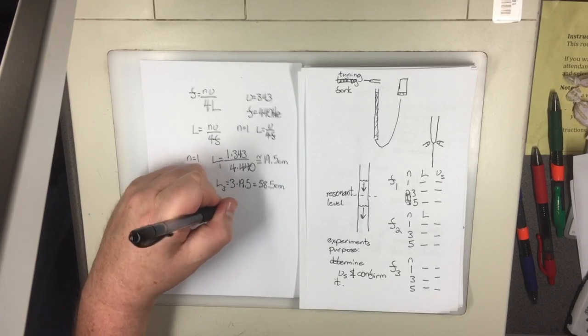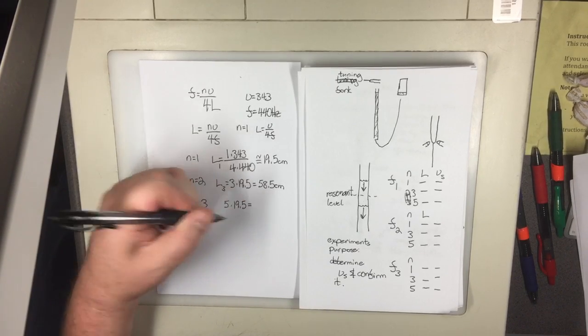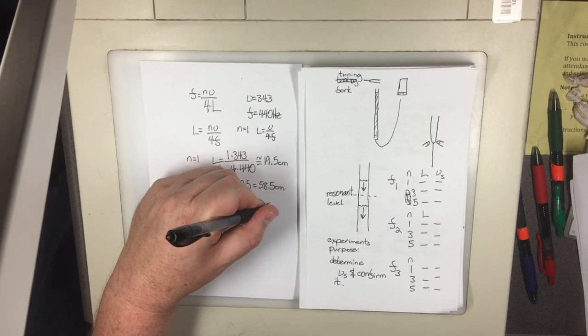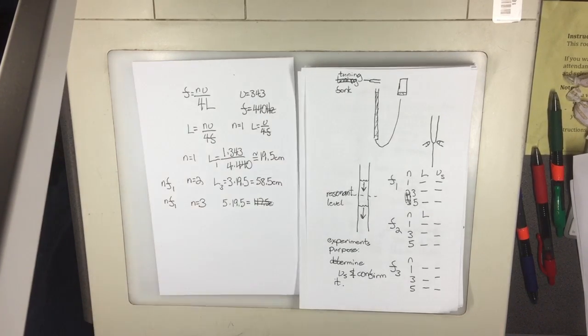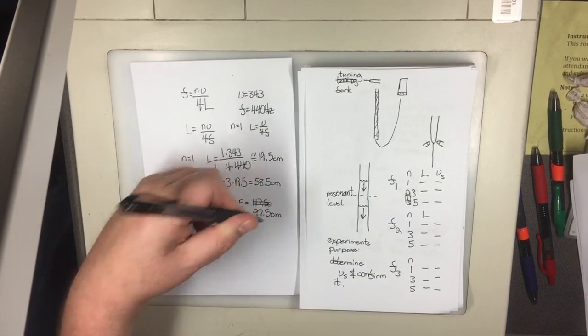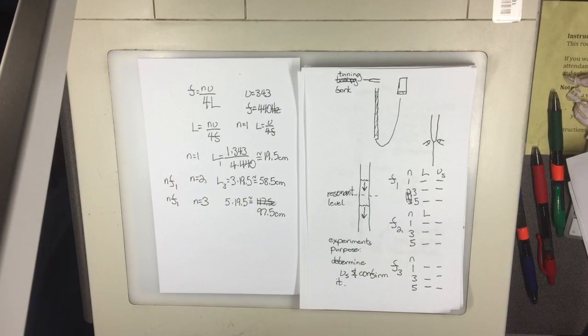And then 5 times 19.5 is, let's do it with the calculator, 97.5. So there is no reason to search at 5 centimeters from the top. It won't happen.